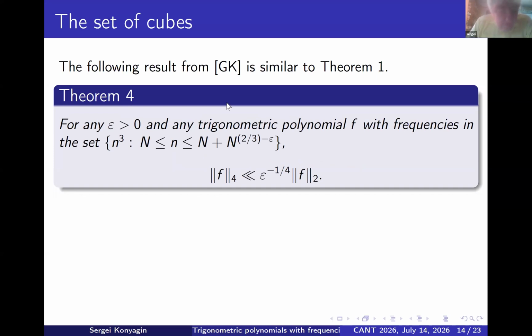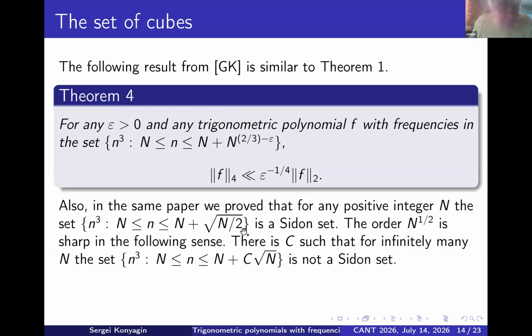So let me turn to the set of cubes. In our joint paper with Gabdulin, we proved the following result, similar to the result for squares, but here the exponent is 2/3.